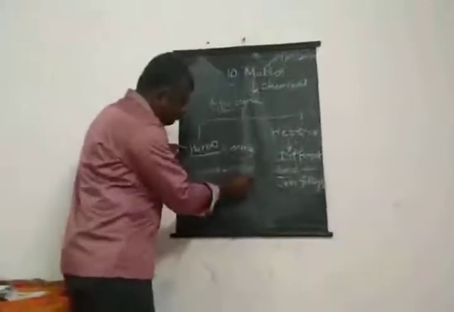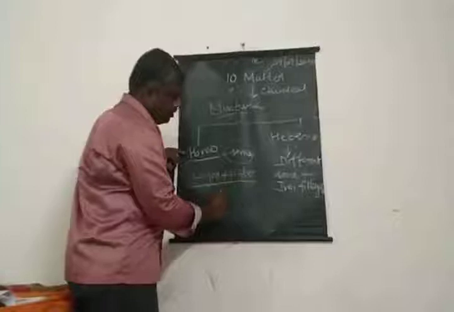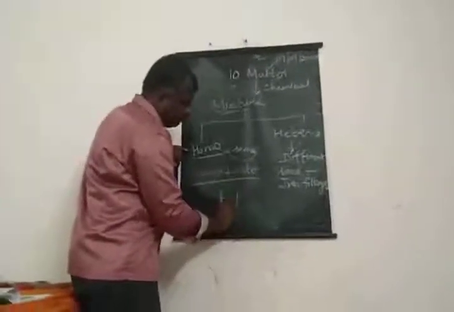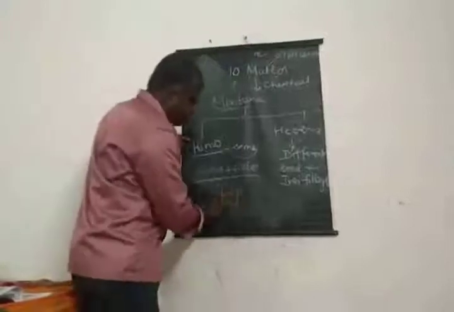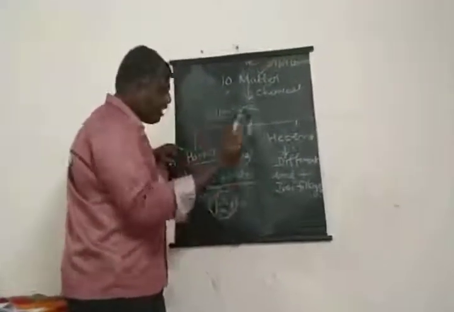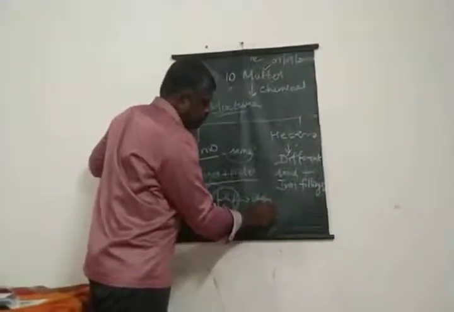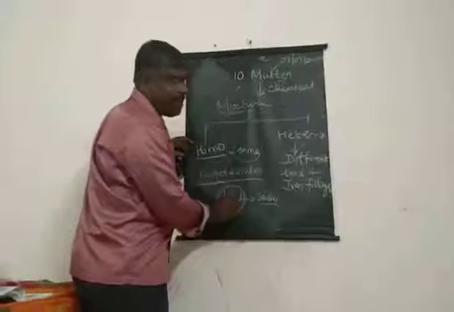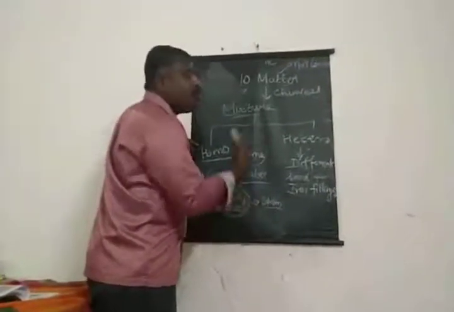If you take a 100 ml beaker with 50 ml of water, and add 5 gram of sugar, after mixing the sugar in water you will see only one layer of solution. You cannot see more than one layer. So that is called homogeneous.